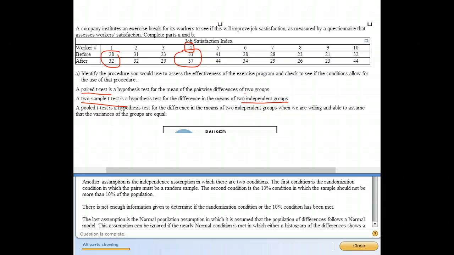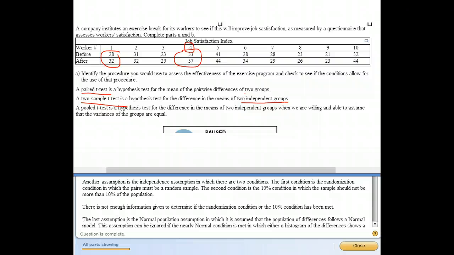So definitely these cannot be considered to be independent. So the two sample t-test would not be what is used here. Other situations, if you have people who are related or are in similar positions, that's the information you're going to get by understanding how the data was collected.